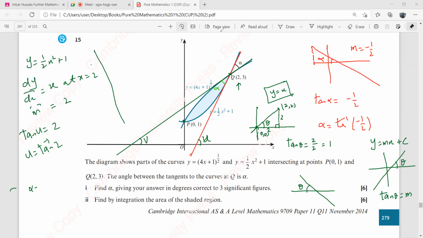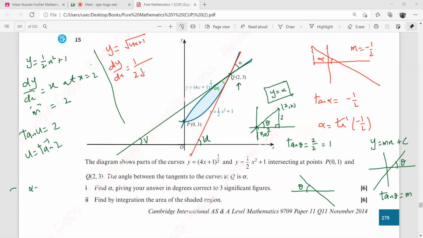Now let's find the angle v. This angle is basically the angle between the tangent at this curve, whose equation is y equals square root of 4x plus 1, and the x-axis. You should be very good at your differentiation.